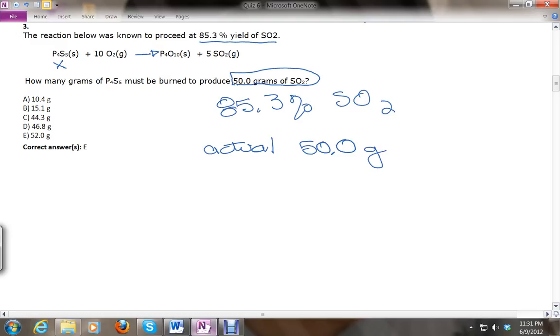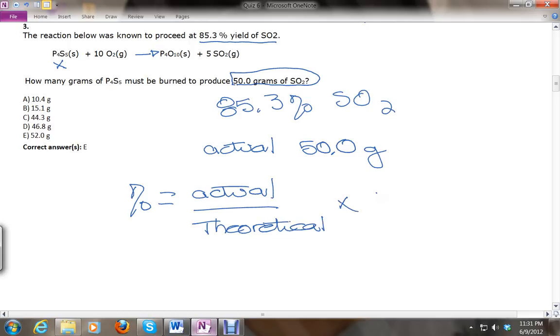Remember, the percentage of yield, 85.3, is the actual yield divided by the theoretical yield, times 100. In other words, let's say that you're going to react this to obtain SO2 and you need to have 50 grams of SO2.